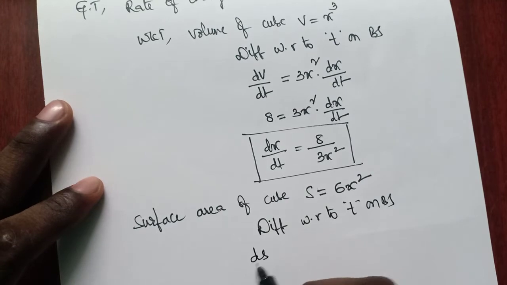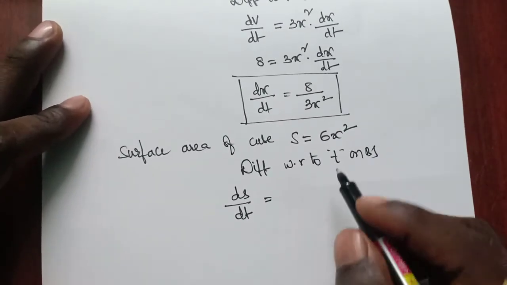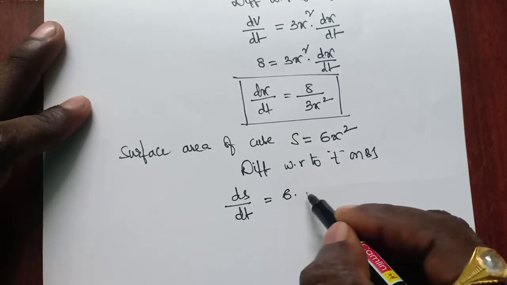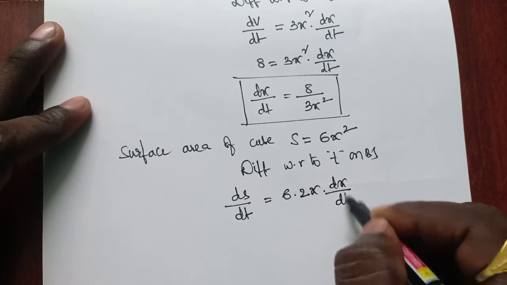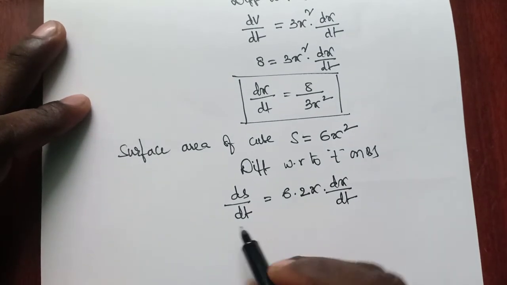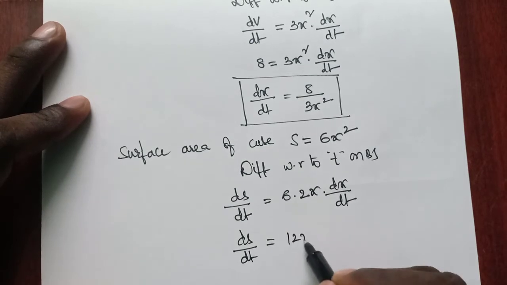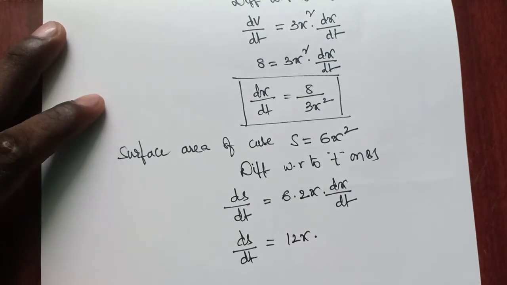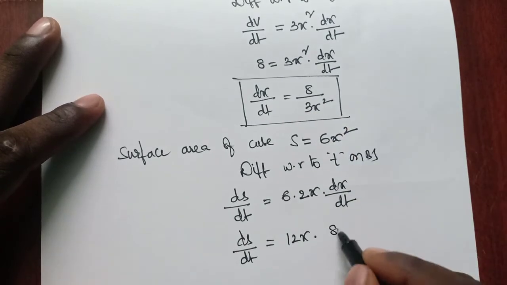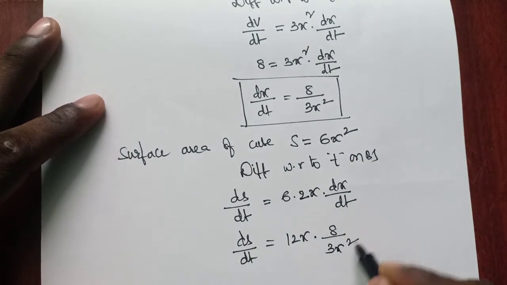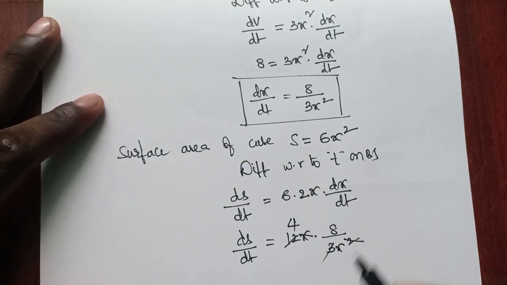So ds by dt equals, 6 is a constant. For x square the derivative is 2x, and for x the derivative is dx by dt. Now ds by dt equals 12x into dx by dt, and since dx by dt is 8 by 3x square, the 3 fours are 12, and x gets cancelled.